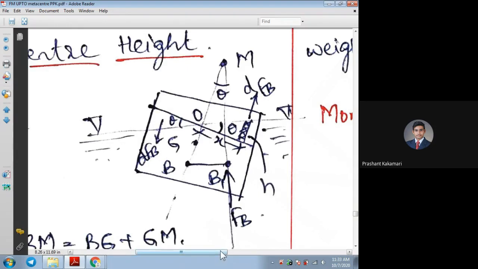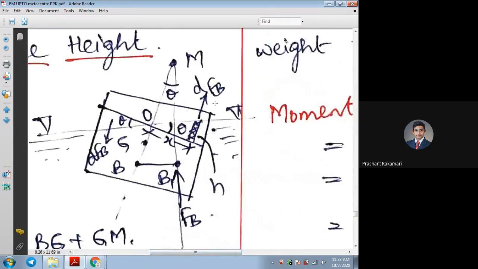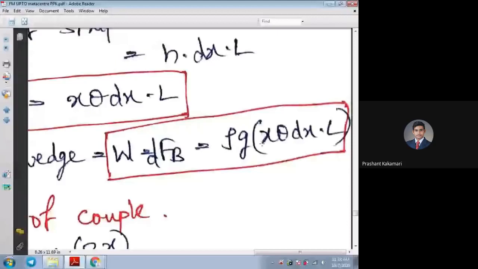Is that clear? And with volume, because we need to go for the total weight, total weight can be given with volume. That is shown here. Volume is x theta dx into L, so in terms of theta it is written.